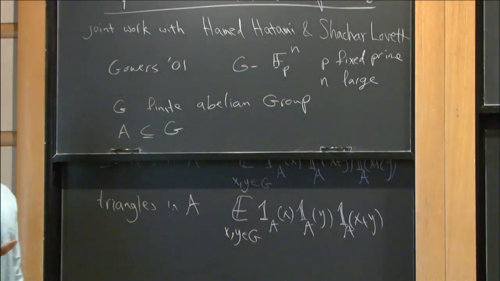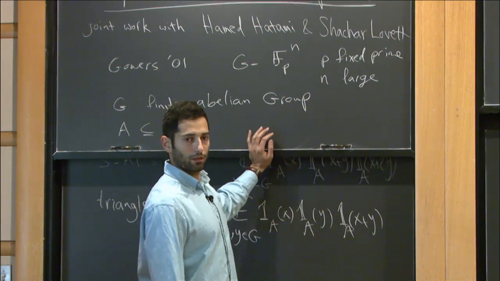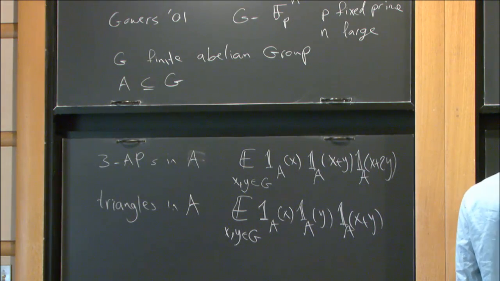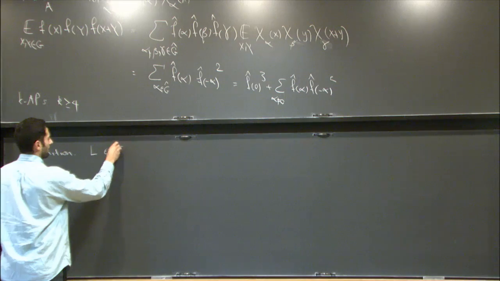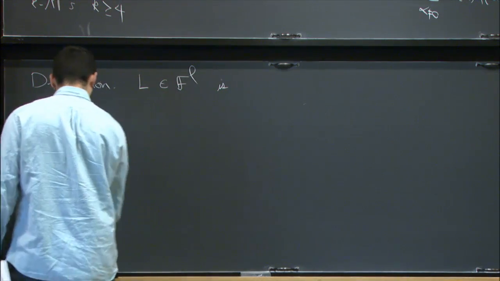So whenever we talk about asymptotics, it's asymptotics according to n being large.